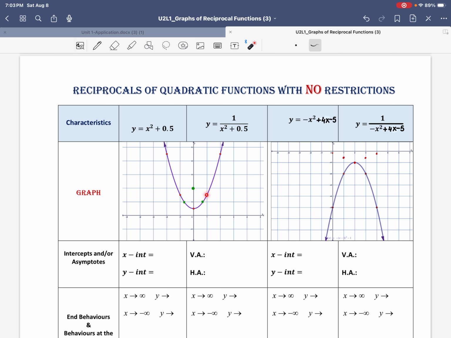At this point right here, we have the y value of 1.5. So 1 divided by 1.5 is going to be a smaller number. So if you go 1 divided by 3 over 2, right? So 1.5, that would be like 2/3. So somewhere in here. And as you can see here, in this case, we have even symmetry.